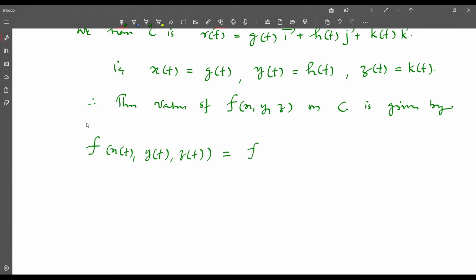So this is equal to f of g of t, h of t, k of t.